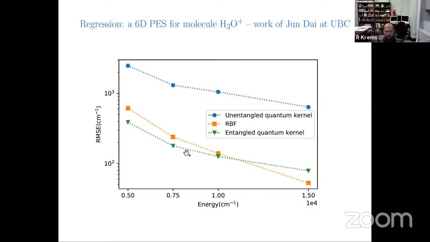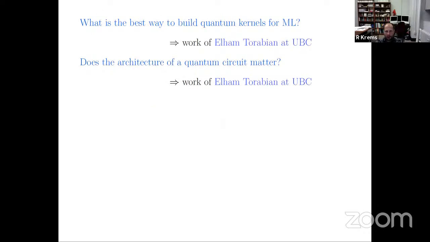And as you can see, these kernels outperform the RBF kernel, especially for the problems where you have to extrapolate further, so basically for the problems that are trained with data in a narrower range of energies. Okay, so these are all preliminary results I'm showing you. We haven't published this yet, but I wanted to share this with you nevertheless.